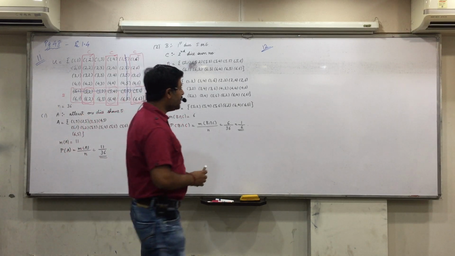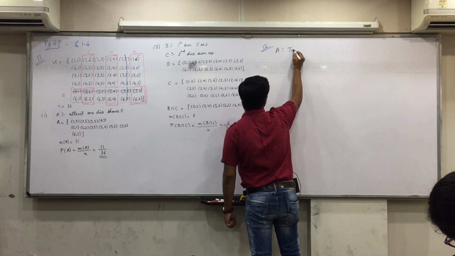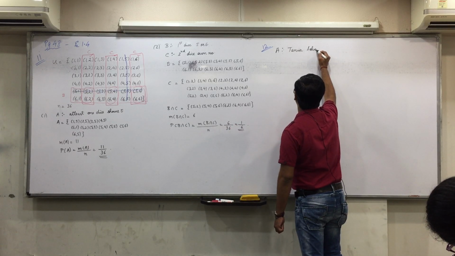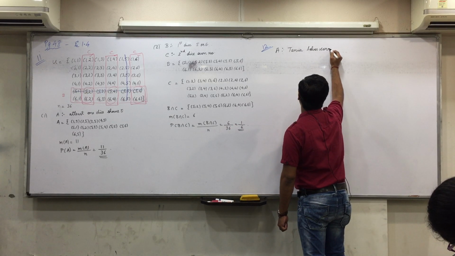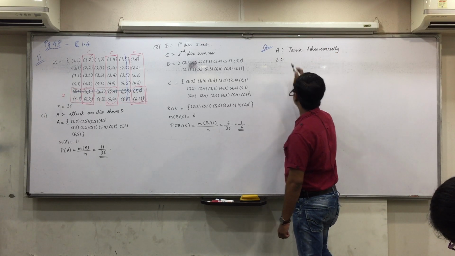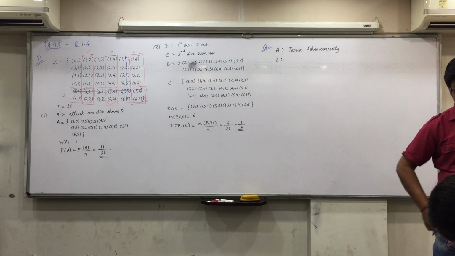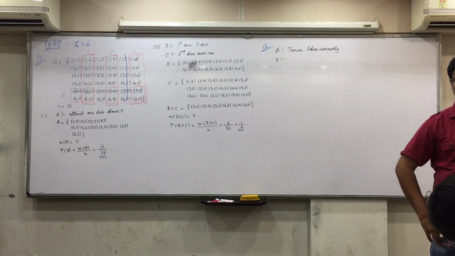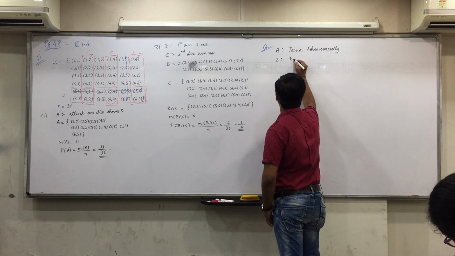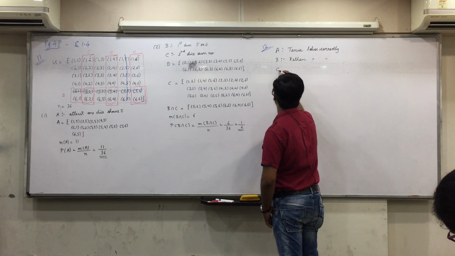First define. Let event A be the event that Tanya solves the problem correctly. Let event B be the event that Kathan solves the problem correctly.